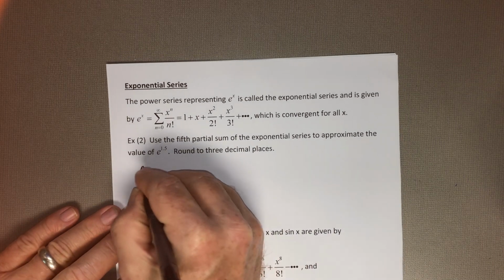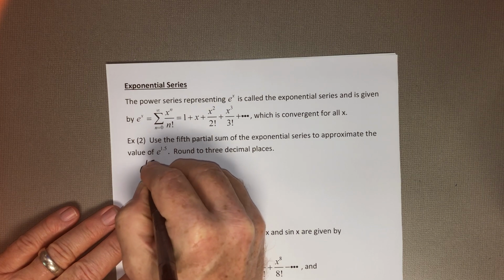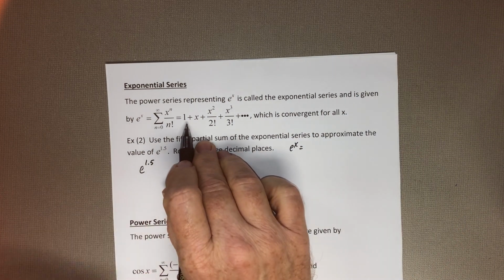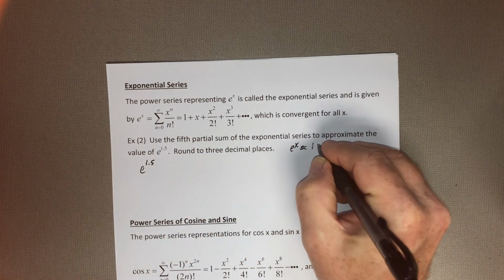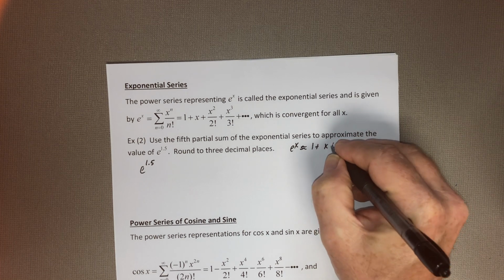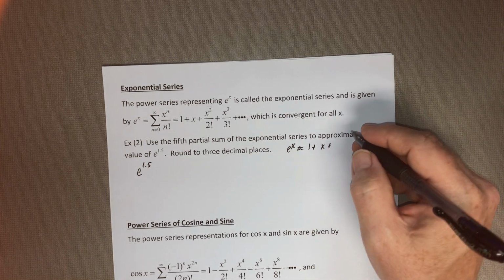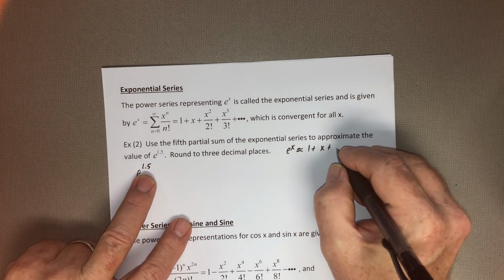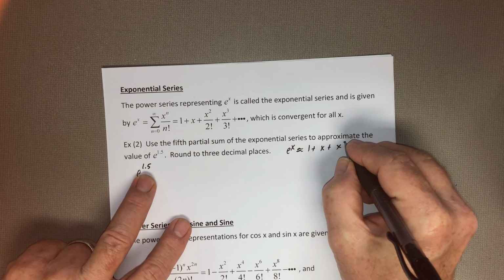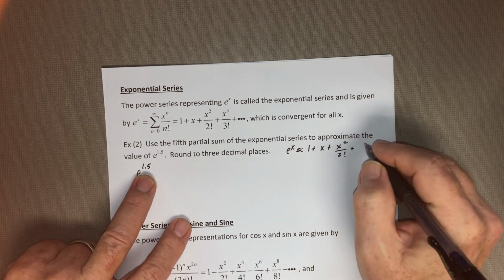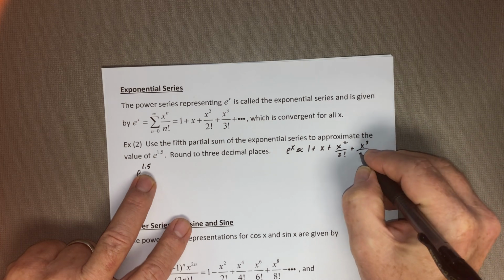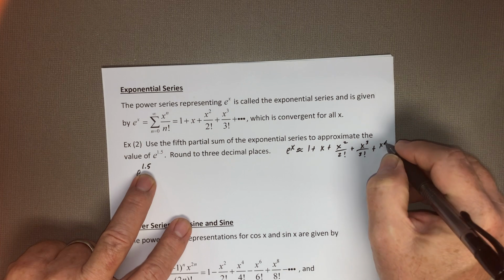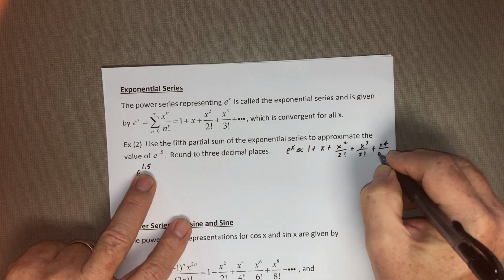By the way, e to the x is approximately 1 plus x plus x squared divided by 2 factorial plus x cubed divided by 3 factorial plus x to the fourth power, oops, that's 4, divided by 4 factorial.